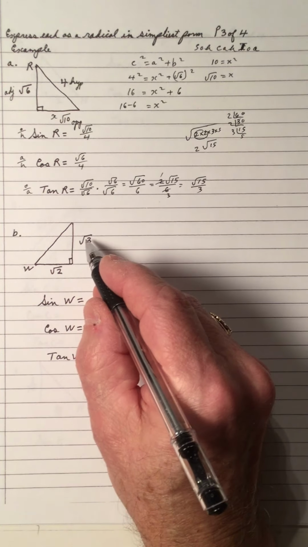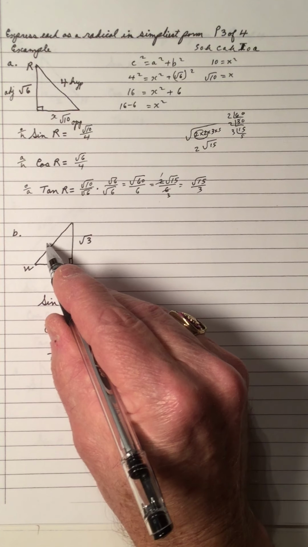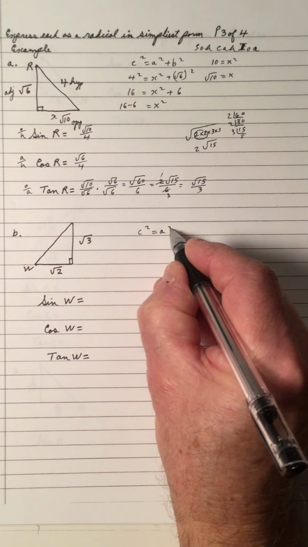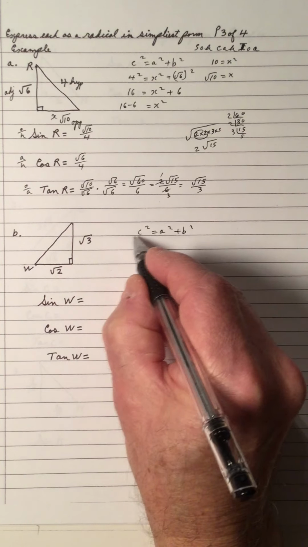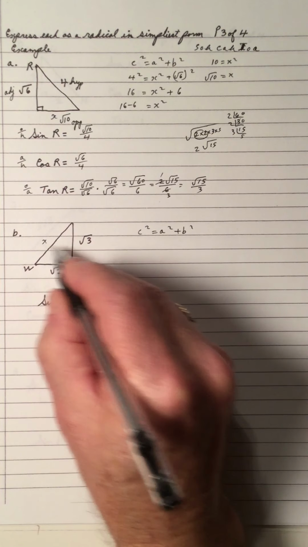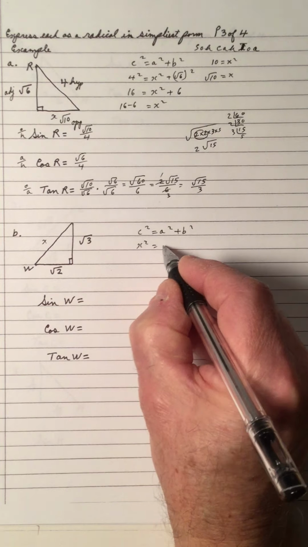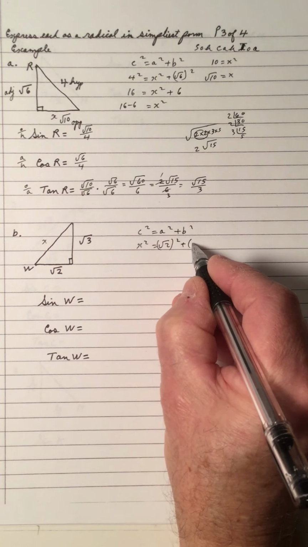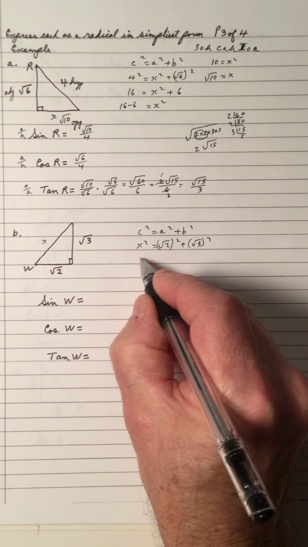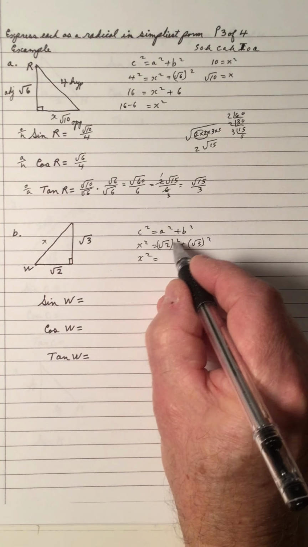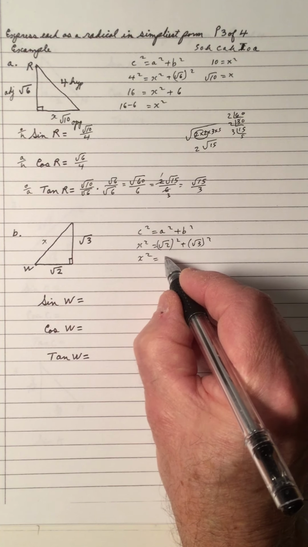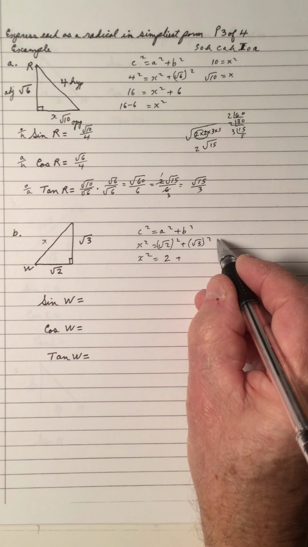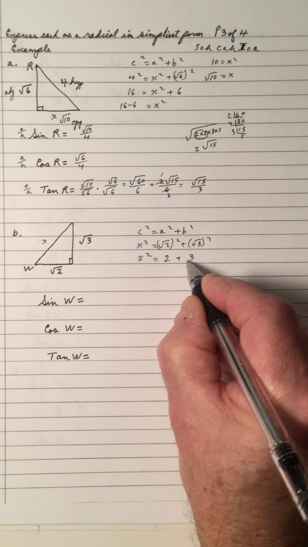And we got 2 sides of a triangle. We need to get the third side. So we go c squared is a squared plus b squared. C is the hypotenuse, so let's call that x. And we got a is root 2 squared, and b is root 3 squared, so x squared equals root 2 times root 2, root 4, which is 2, plus root 3 times root 3, which is root 9, which is 3.